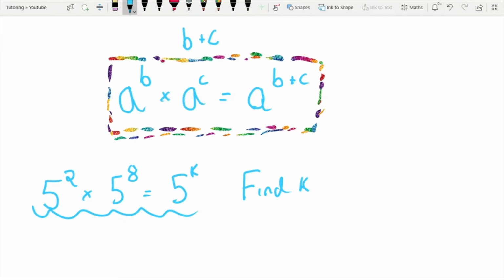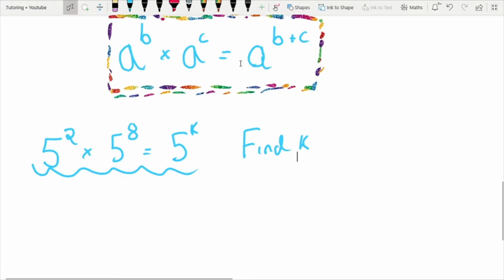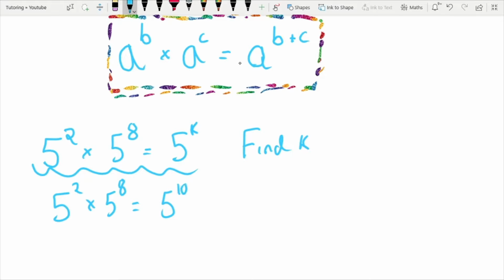Find k. Well, we can use the rule of a to the b times a to the c is a to the b plus c, and a is 5, b is 2, and c is 8. So we can say, 5 squared times 5 to the 8, we know from our rule this is equal to 5 to the 10. So we can therefore say this symbol here, 3 dots like this, means therefore.